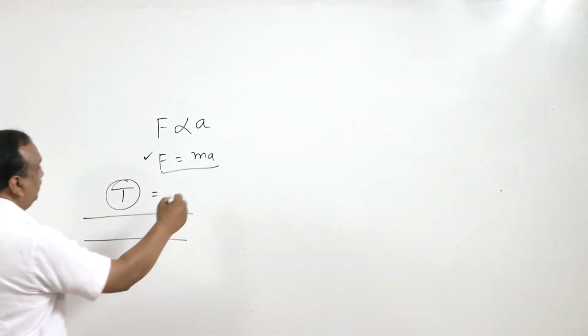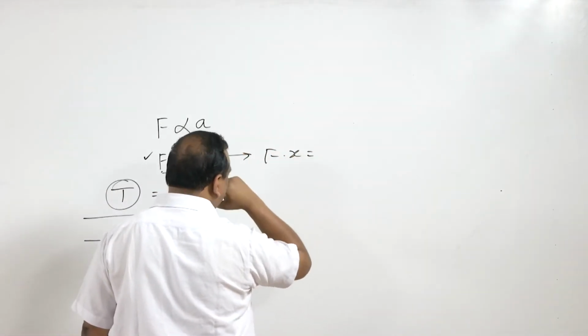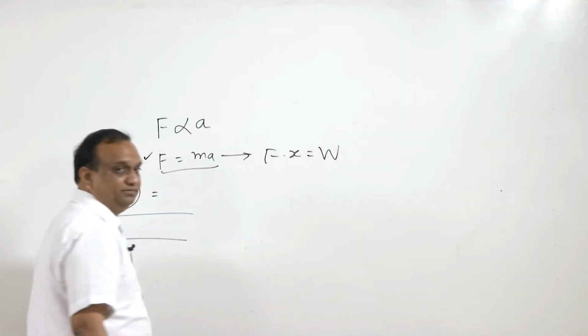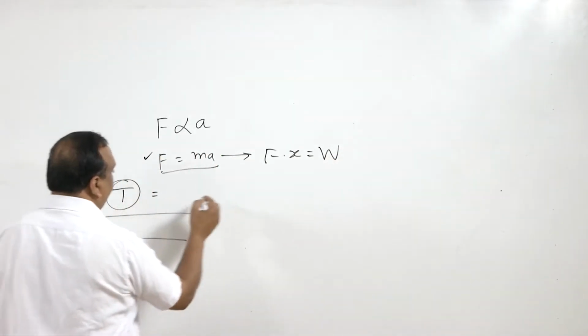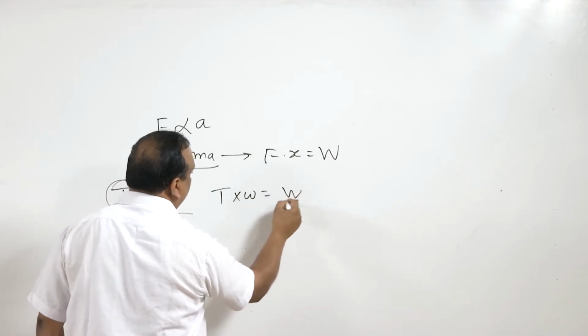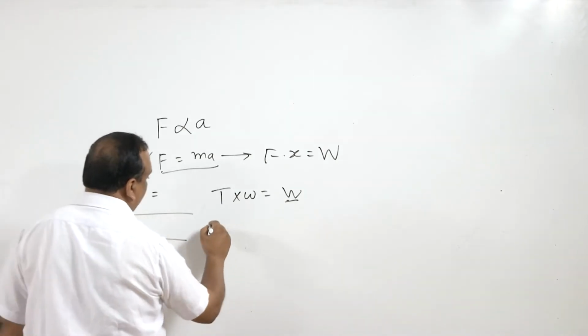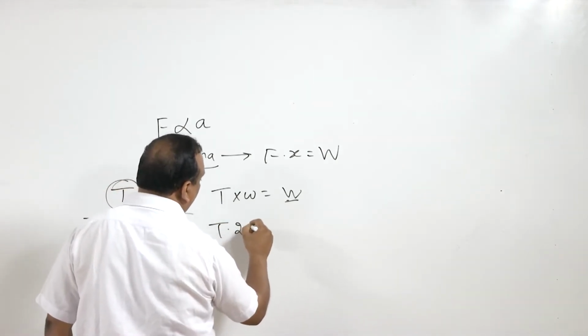If we multiply force with displacement, F into x, it is work, energy, and if we multiply tau with omega, that is also work, energy. Omega can also be expressed by 2 pi n.